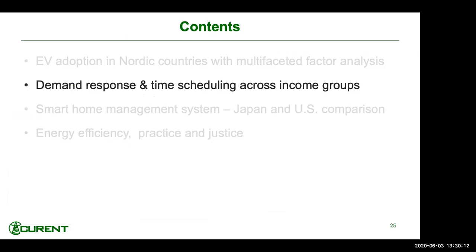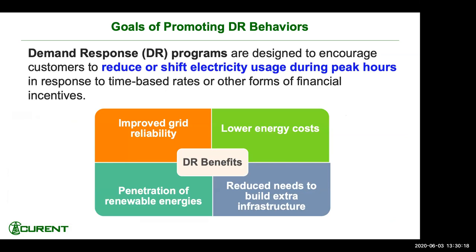All right. Next, I'm going to move on to demand response. Demand response is more related to power system researchers. It is related to power grid energy consumption, basically. Demand response means utility companies design some kind of program to reduce energy consumption during the peak hours.